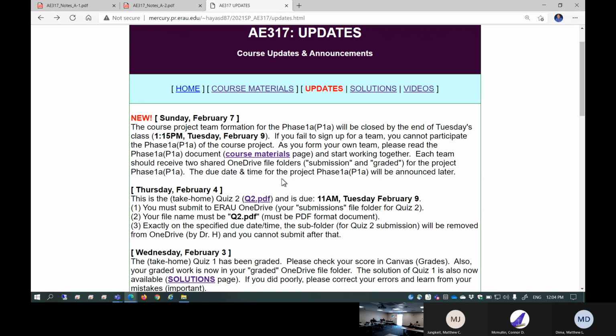As you form your own team, please read the phase 1A document. The document is now active. Here, you go to the course materials page. Start working together. Each team should receive 2 shared OneDrive file folders. One is for submission, one is for graded work, similar to your homework assignments for the project phase 1A. Okay, and then I'm going to announce the due dates soon.